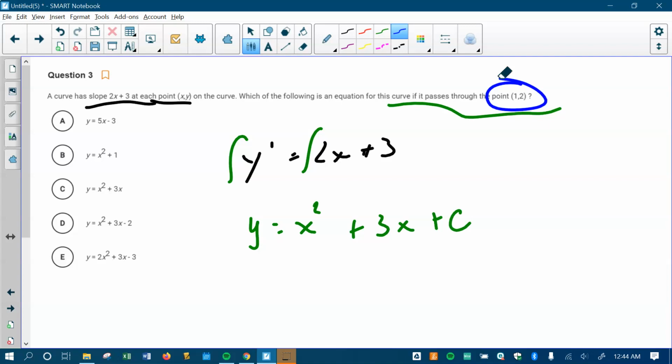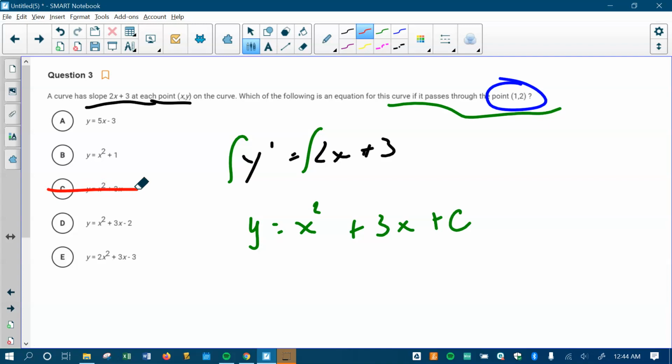Now, notice, by the way, I didn't actually plug in 1, 2 here. If I did, because I gave you that strategy for the past 2 problems, it looks like it would be... C is out.